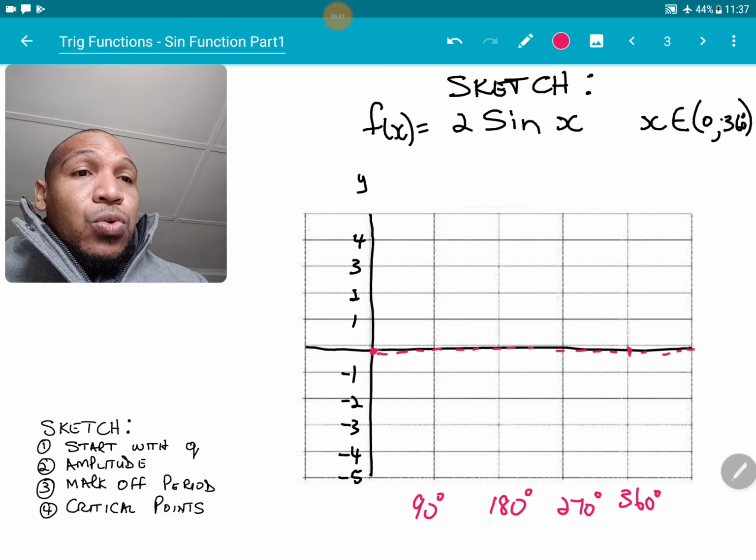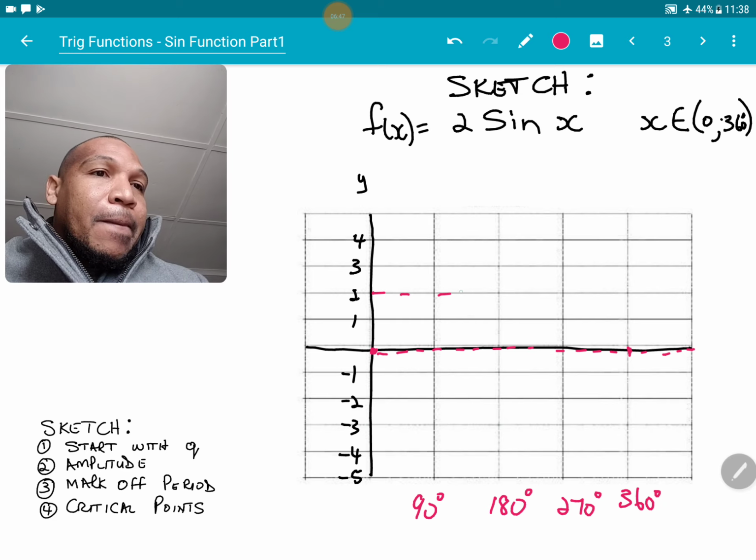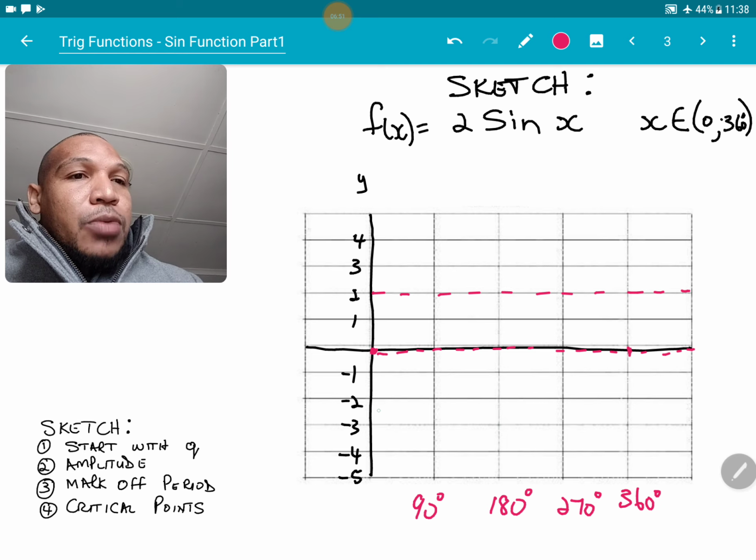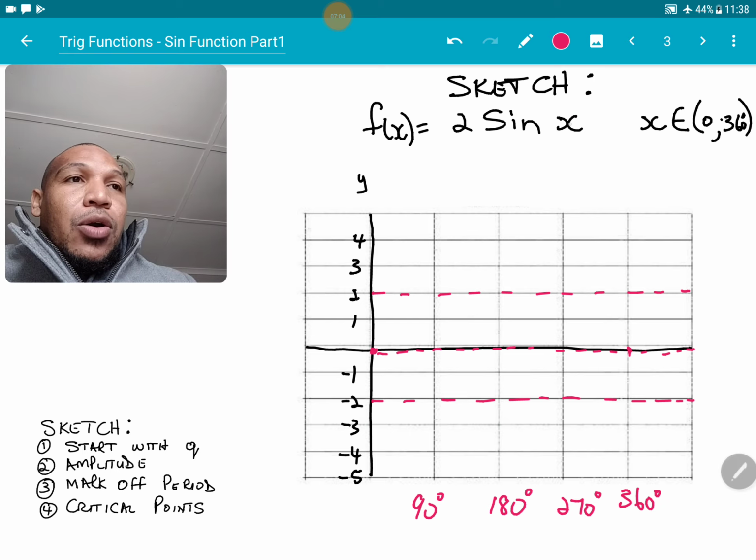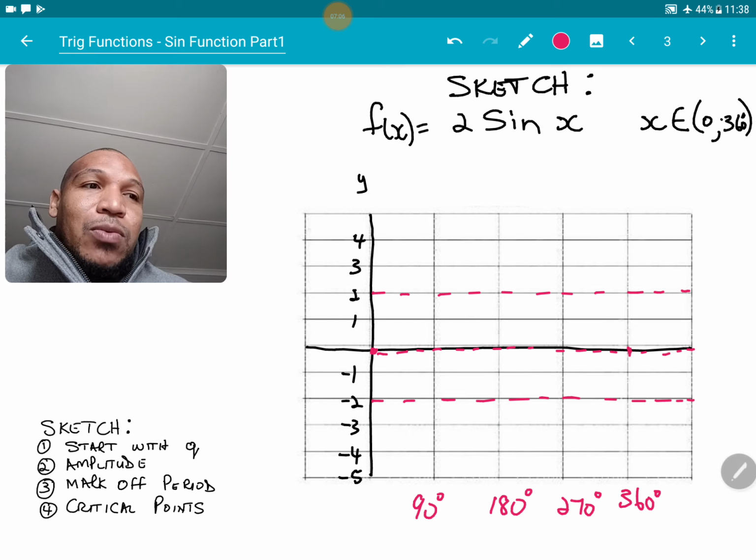So from q, or from the first dotted line, we go 2 up, and we go 2 down. So in between these, my maximum dotted line and my minimum dotted line, my graph is going to lie there. We have x there, so we know there's one cycle within a 360 degree period.